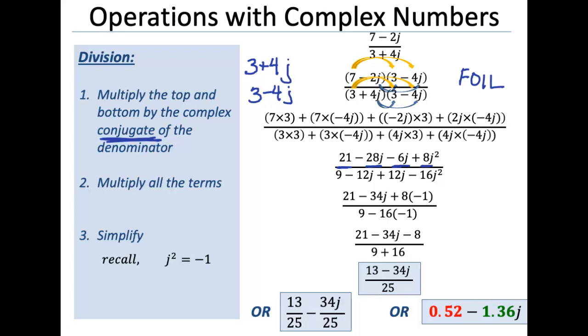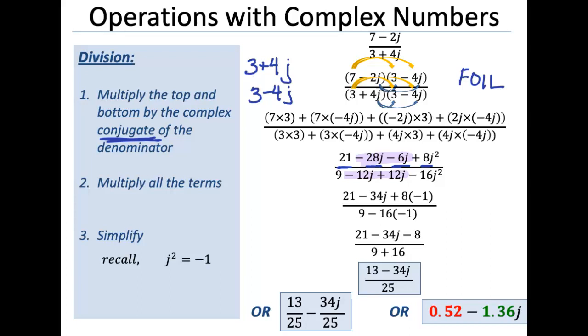Now we need to simplify some things. So I want to go back and combine any like terms. And notice here, I've got these two like terms that we can put together. That gives us the negative 34j. And minus 12j plus 12j, notice what happens with that. That just drops out. So we no longer have a j in the expression for our denominator. The j squareds are equal to negative 1.